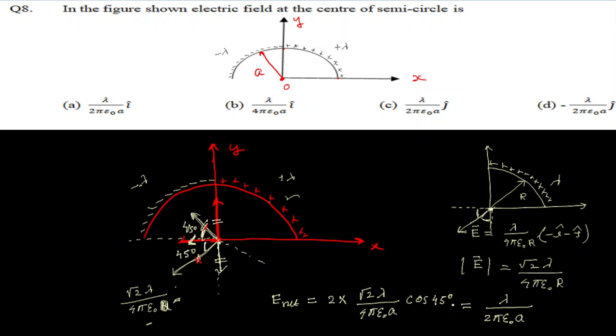And the direction of the electric field is along minus i cap. Let me write minus i cap here. So the correct option in this case will be option A.